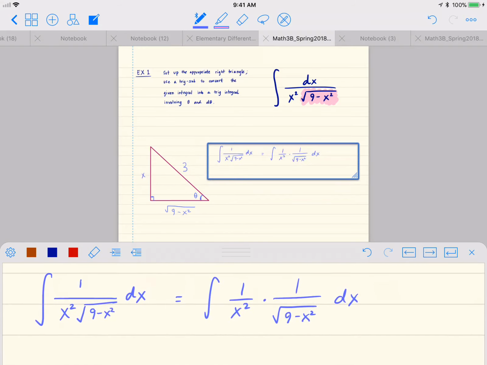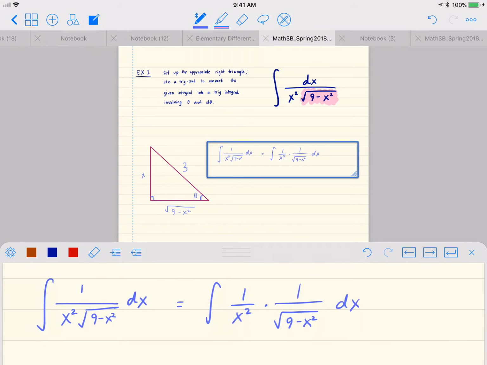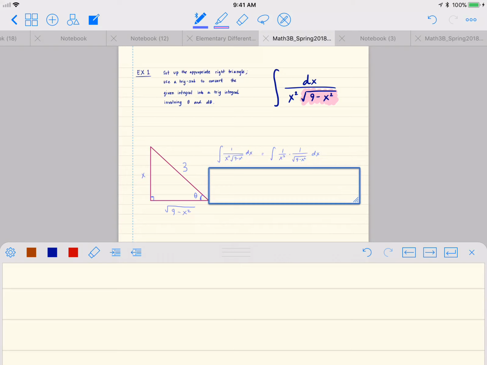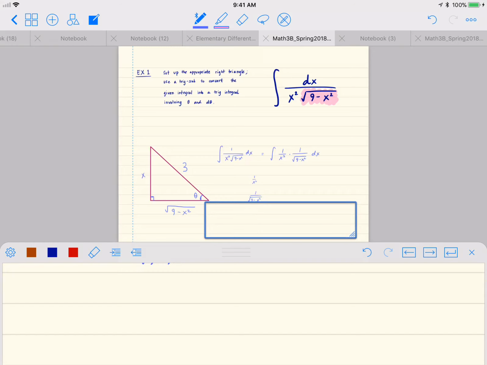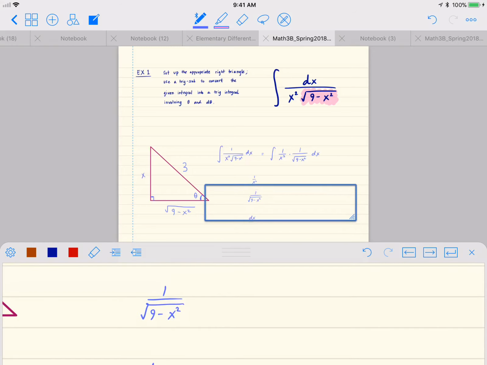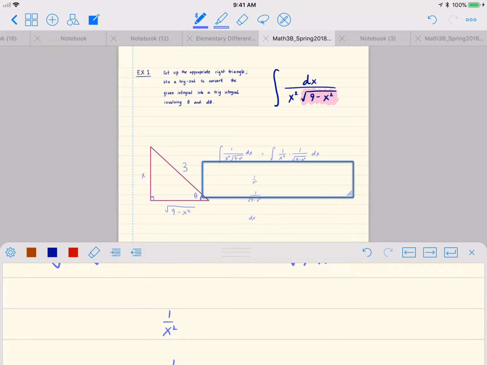And now I can simply look at it like I have 3 little parts to translate. 1 over x squared, and I have 1 over the square root of 9 minus x squared quantity. And then lastly, I have a dx. So this is my column, stuff in terms of x and dx.